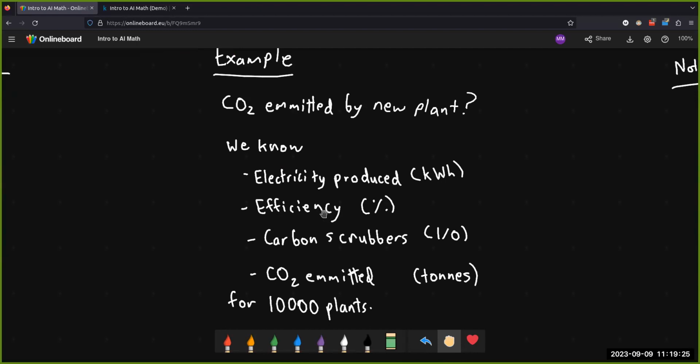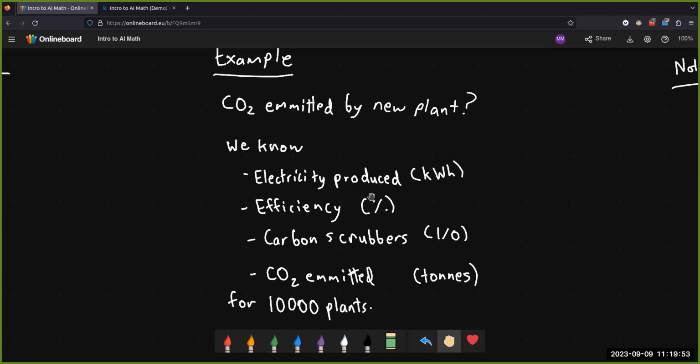So if I burn 10 kilowatt hours of fuel, how many kilowatt hours of electricity do I get out? This is going to be a percentage value. So if a plant is 100% efficient, all of the energy we send into the plant gets converted into useful electricity. If it's like 1% efficient, then most of the energy is being wasted.